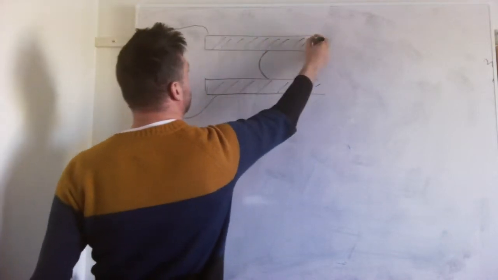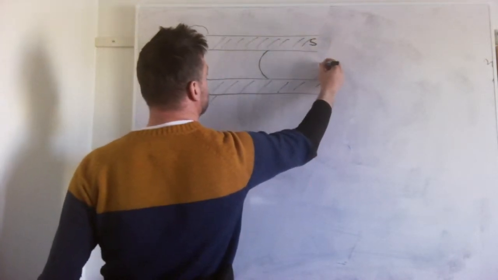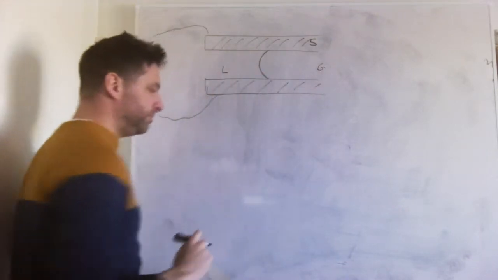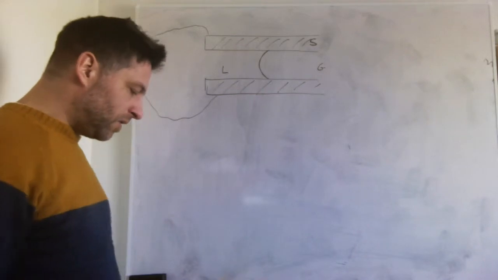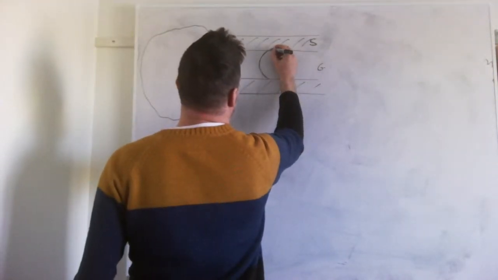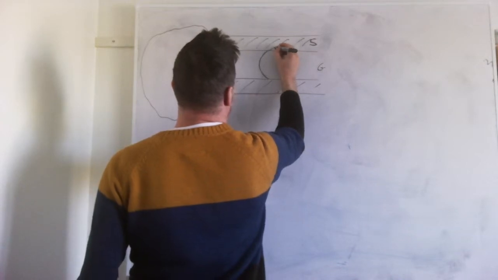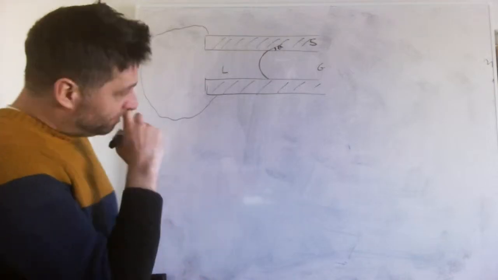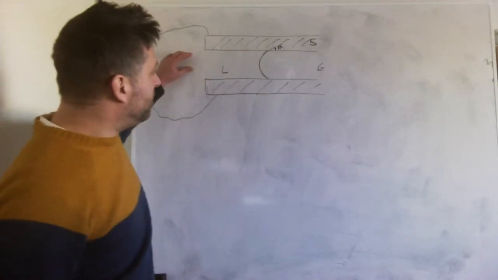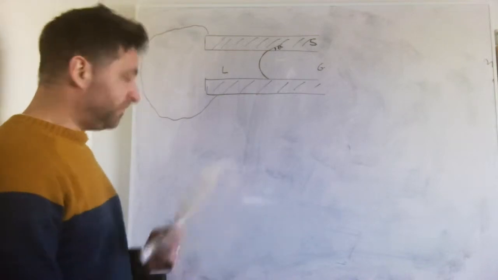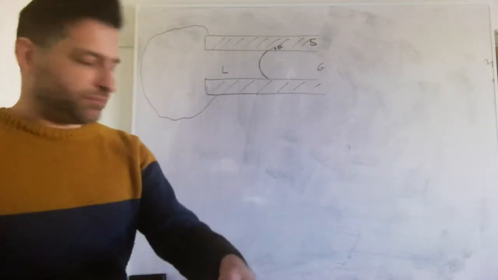So this is my solid, this is gas, and this is liquid. Well, what do we know? We know that there will be an equilibrium contact angle theta here. And we also know that there's a filling from the left to the right, and we're going to try to write down in formulas where that filling comes from.